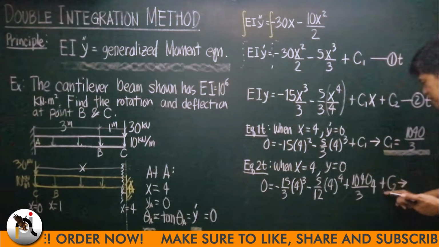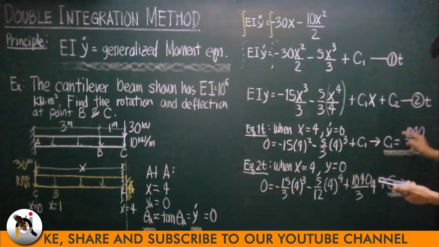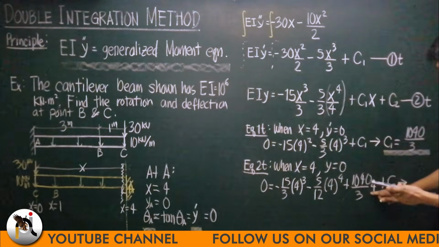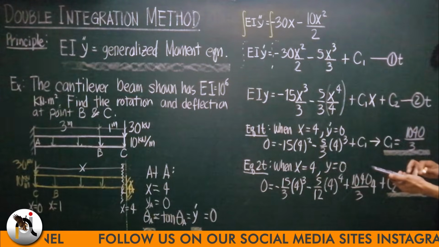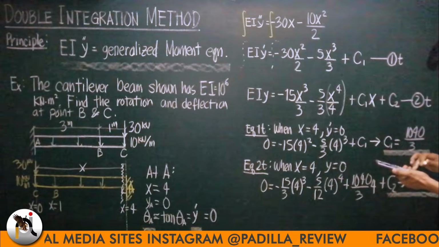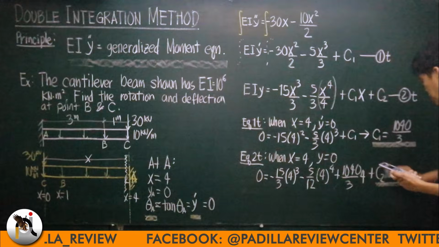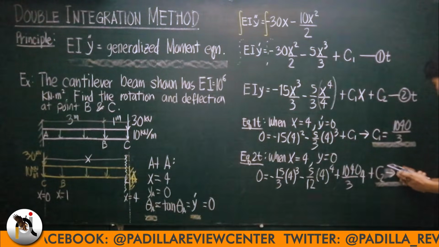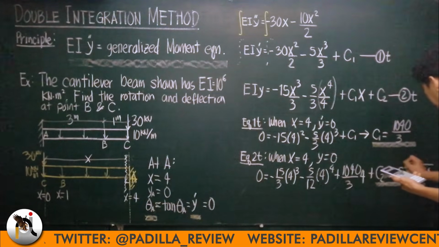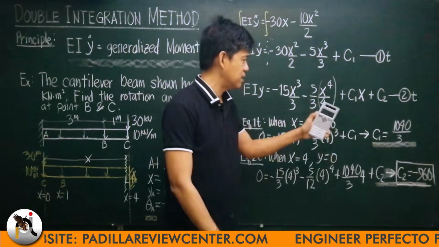This will enable us to solve C2. Let us put this in memory C of our calculator. So, times 4 minus 5 divided by 12 times 4 raised to 4 minus 15 divided by 3 times 4 cubed. Move to the left. So C2 is equal to minus 960. Okay? So we have the values of C1 and C2.